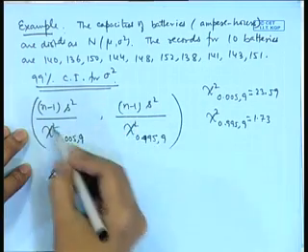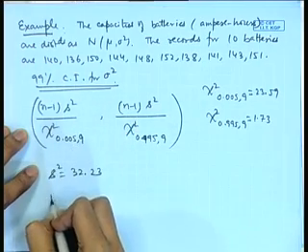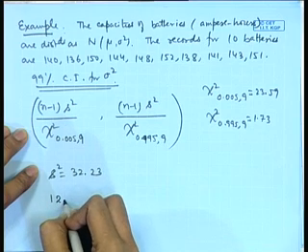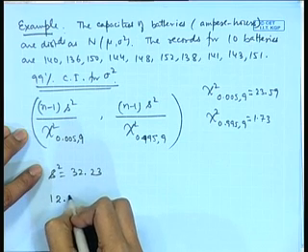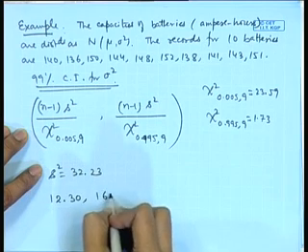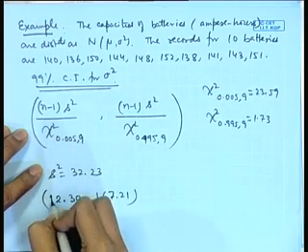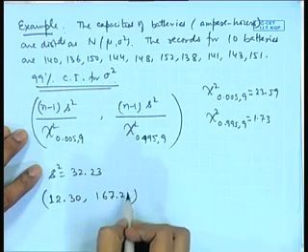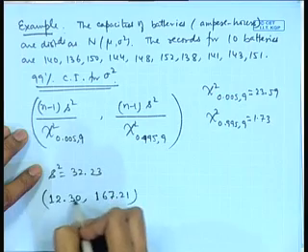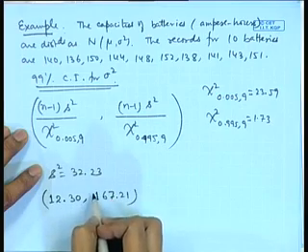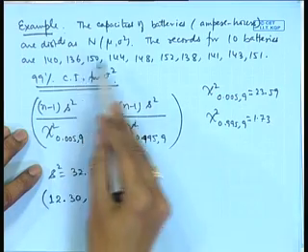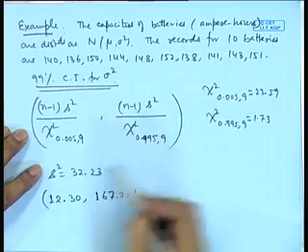So, after substitution of these values, the confidence interval turns out to be 12.30 to 167.21, which is a pretty large confidence interval, but that will be there because we are considering sigma square and the variability of the original sample itself is large.